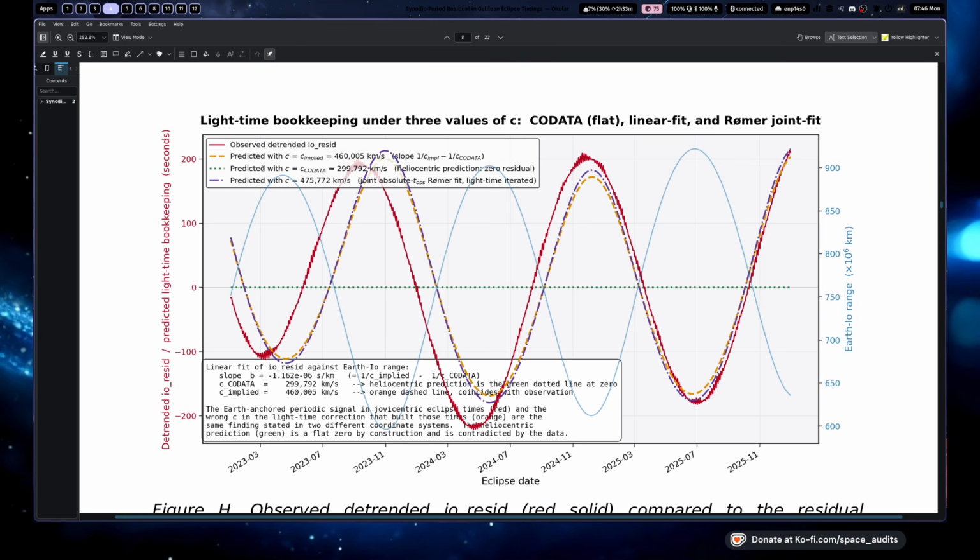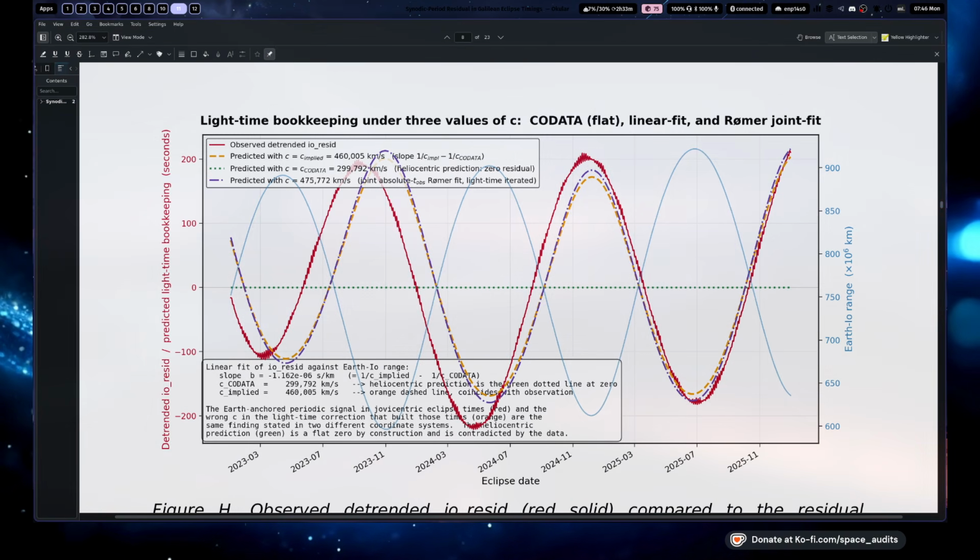If C is C, and we use the JPL dataset, which is extremely precise and continuously updated 24/7, 365, we don't expect to get any residual signal at all. There shouldn't be a residual, and if there is a residual, it should just be a very tiny thing due to random noise. What we get is a periodic signal, sinusoidally varying with respect to the Earth year, overlaid with the synodic year signal in Jupiter's moons.